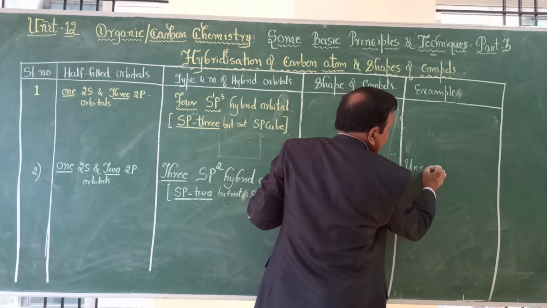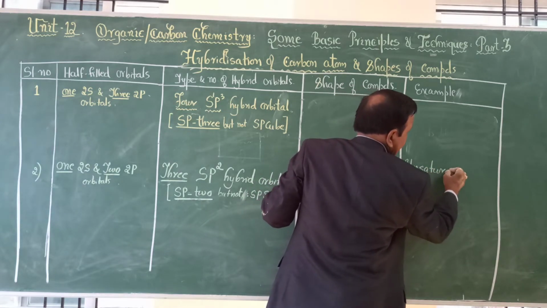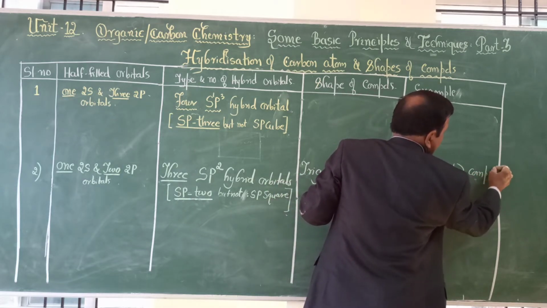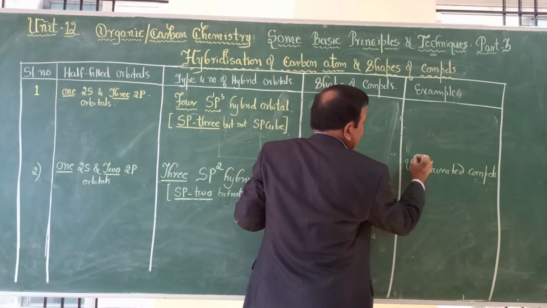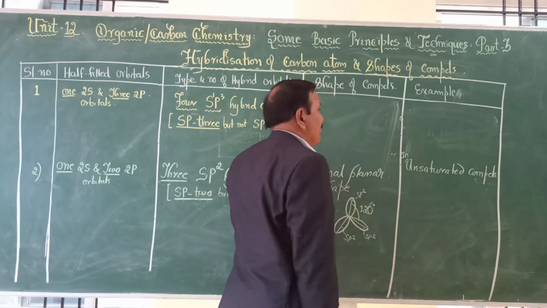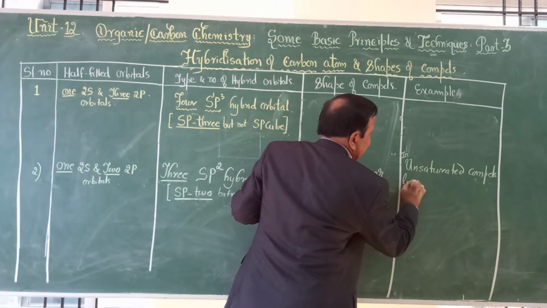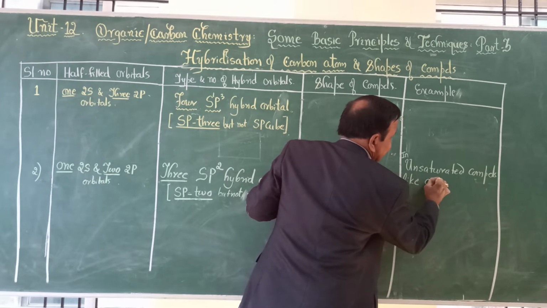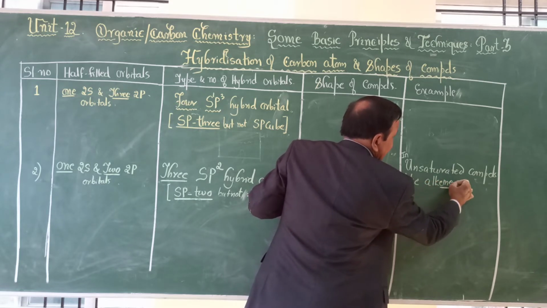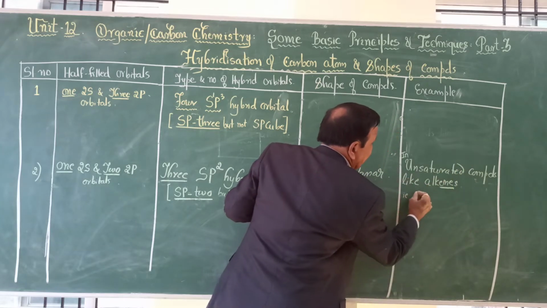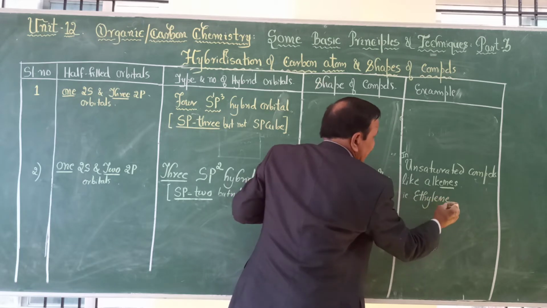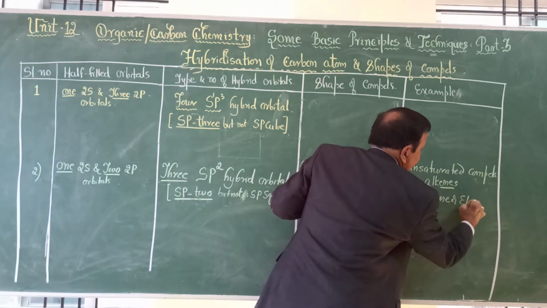An example for this is unsaturated compounds, like alkenes. That is, for a particular example, ethylene, or the IUPAC name is ethene.